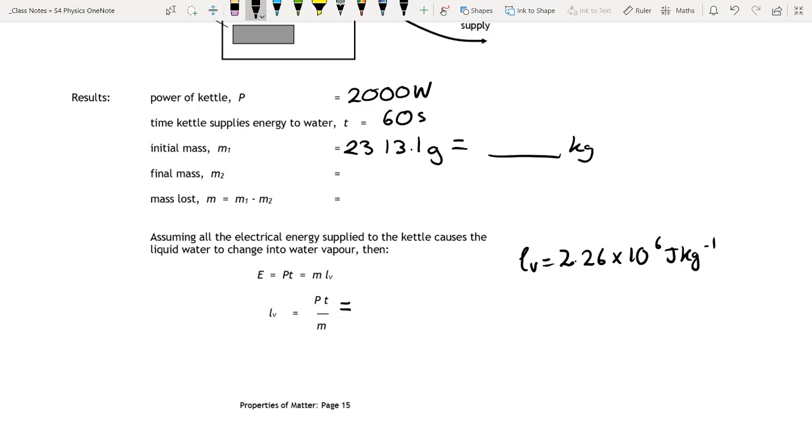Right, okay, it's just about boiling now. So I'm going to just turn my stop clock on and keep heating it by pressing my button so it's not boiling.